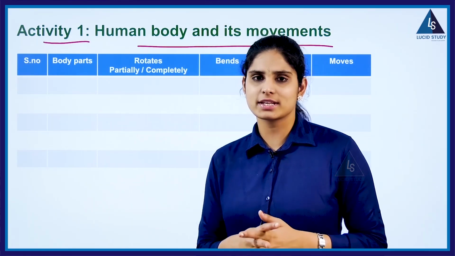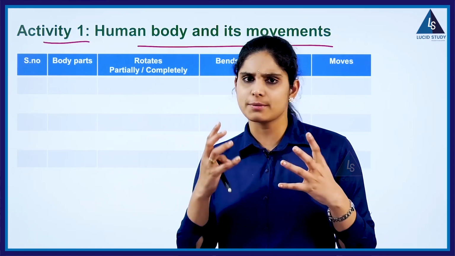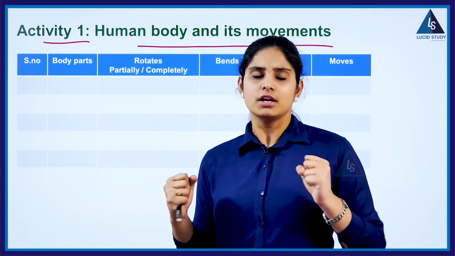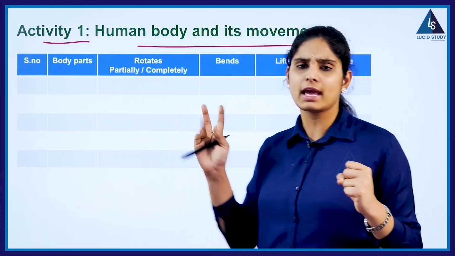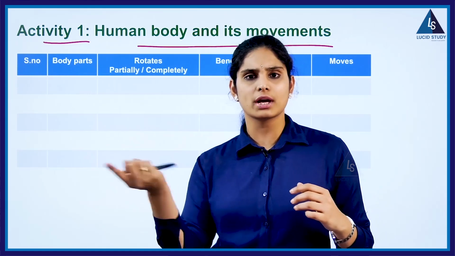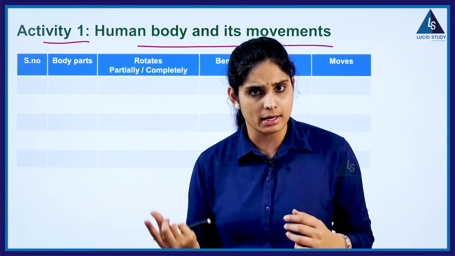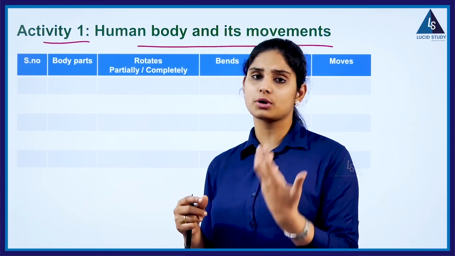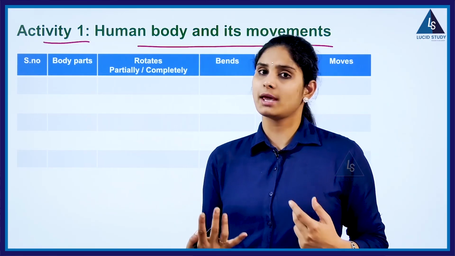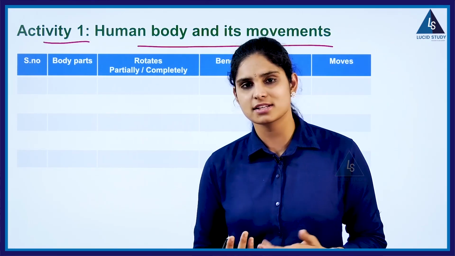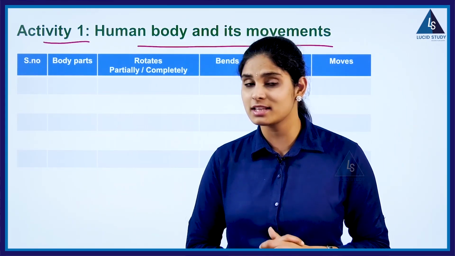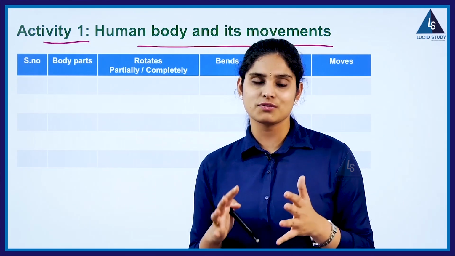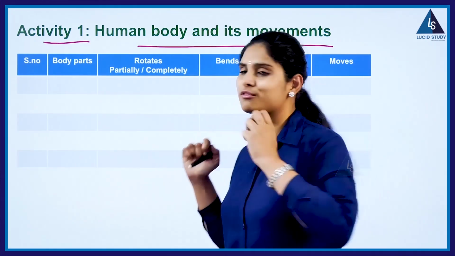Okay, so for example, chew some food, bend your hand, now rotate your shoulder, and also you can lift your leg, and in a circular way you can bend, you can rotate your elbows, and likewise you can rotate your feet and do some exercises like we do in yoga asanas, right? So bend body parts in different directions, and then make your observations noted in a tabular form like this.